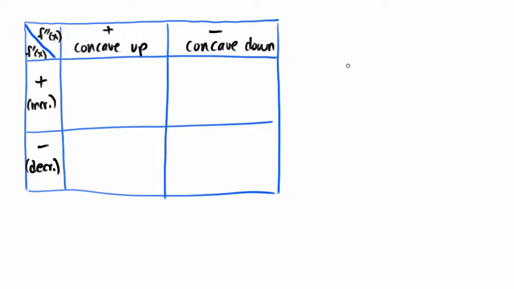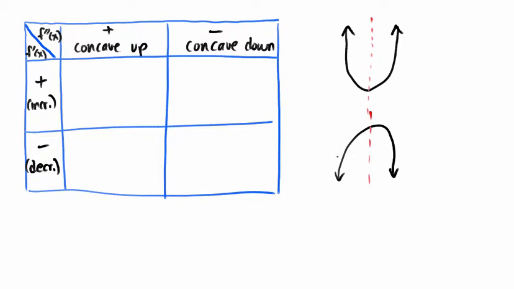If we look at the pictures of concavity, concave up looks like this, and concave down like this. And if you cut these in half, you have areas where the slopes are increasing, and you have areas or zones where the slopes are decreasing. And we can fit that into our chart quite nicely.